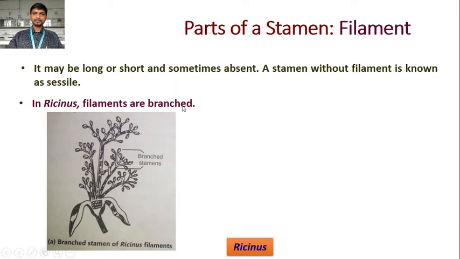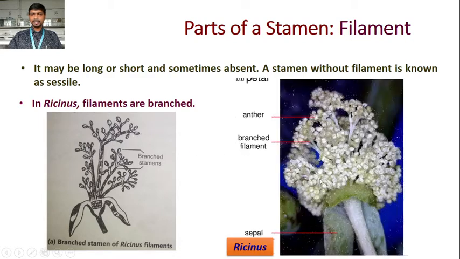What is a filament? A filament is a slender stalk-like structure which holds the anther. In this photograph of Ranunculus, we can clearly see the branched filament of the stamen.